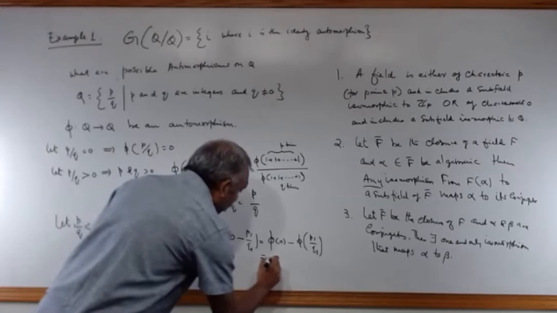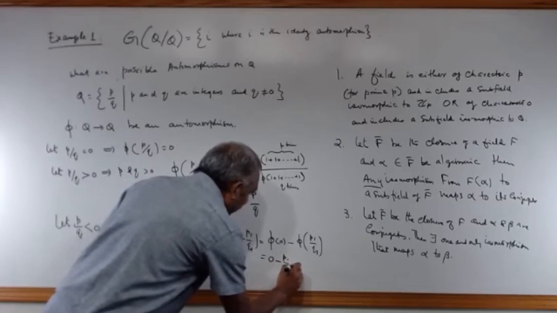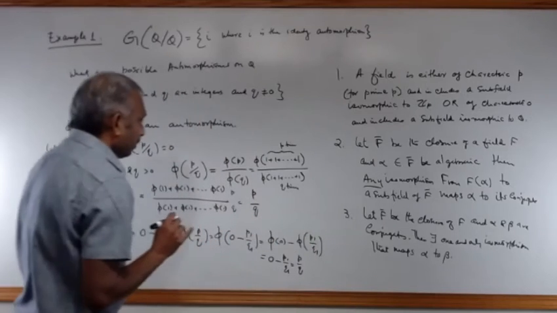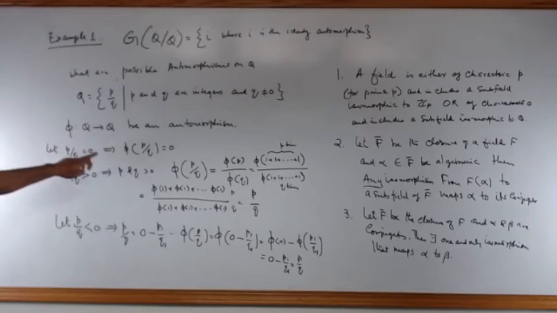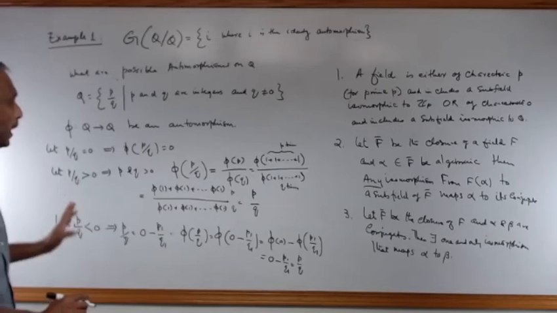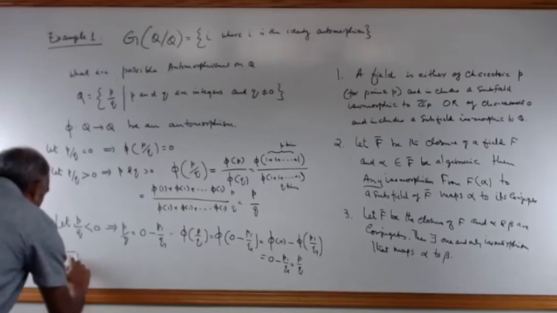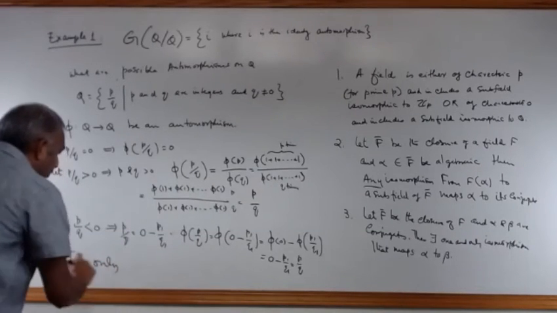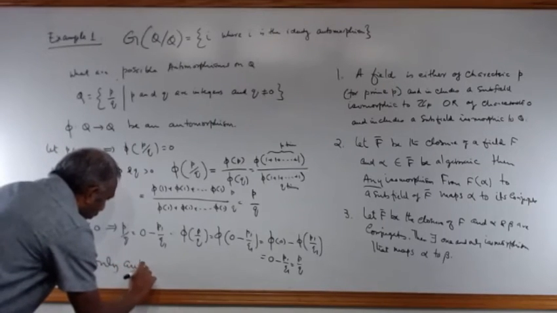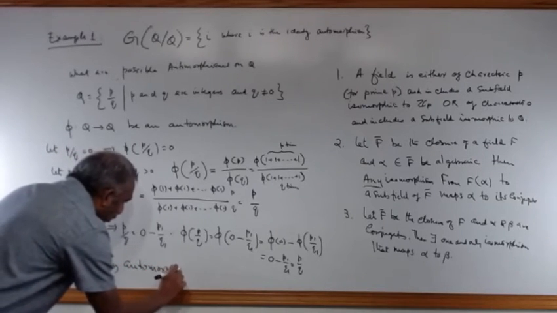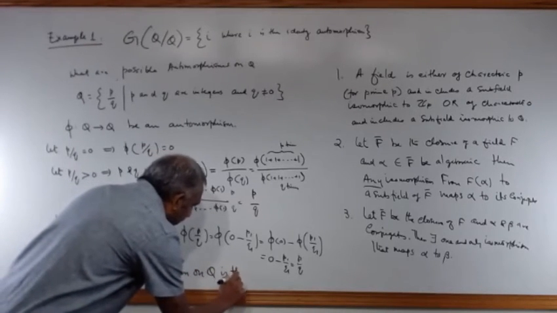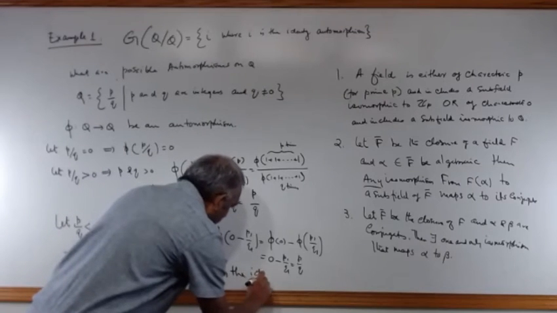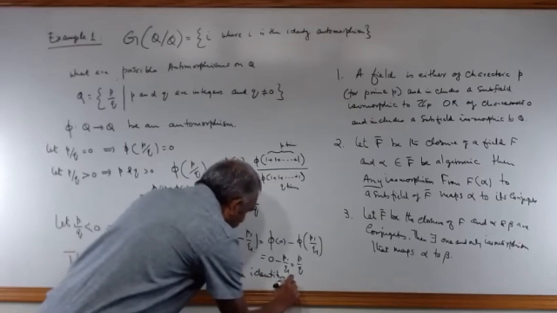That is equal to 0 minus p1 by q1, and that's equal to p by q. So in any situation, phi is the identity map. So the only automorphism on Q is the identity automorphism.